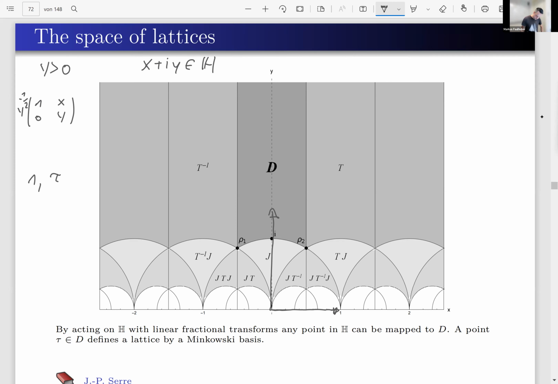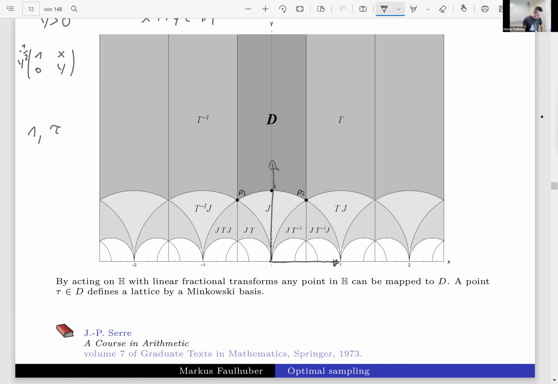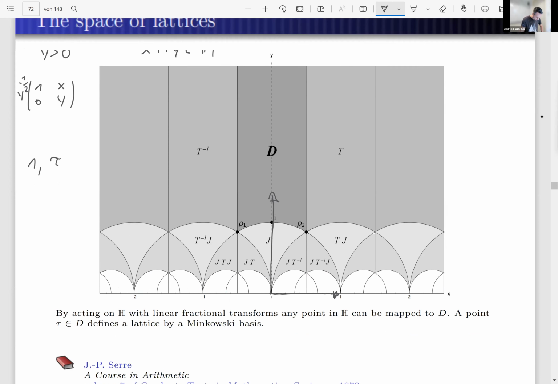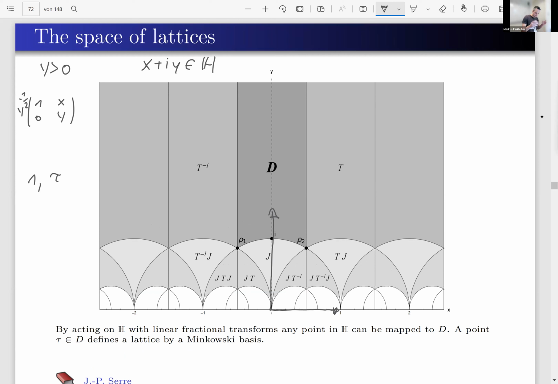Then there is this theory described in the textbook by Serre, where you have these linear fractional transforms acting on H, and you find out there is a fundamental domain, namely this domain D, and that you can map, for example, this point here to this point by a matrix from the modular group, which is PSL2 of Z, I write Z2 now, which is just the special linear group with integer entries modulo plus minus the identity.